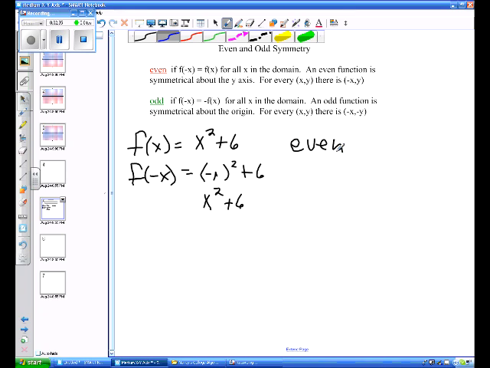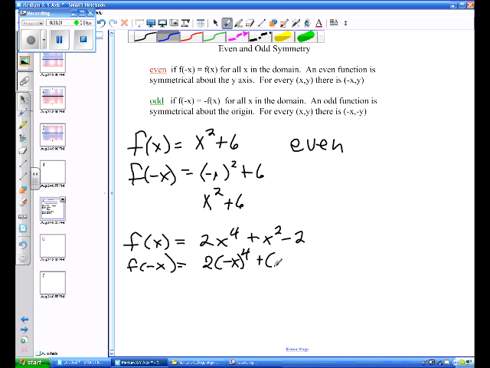Okay, let's look at another one. Let's say we have f of x is equal to 2x to the 4th plus x squared minus 2. If I substitute in f of negative x, then I have 2 times negative x to the 4th plus negative x squared minus 2.